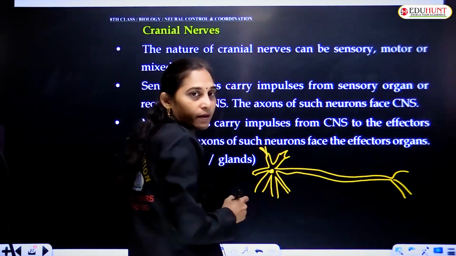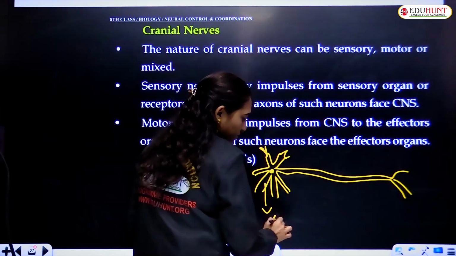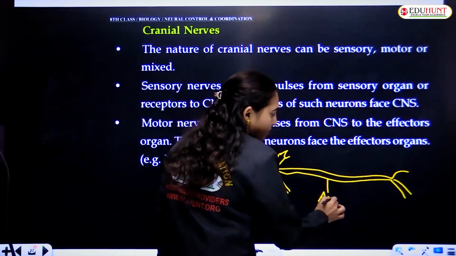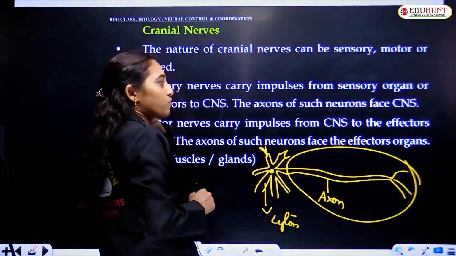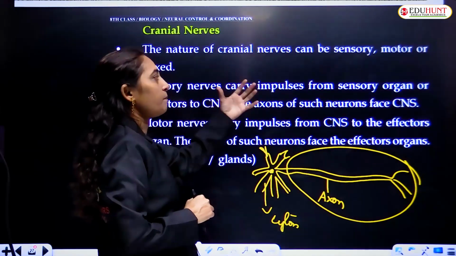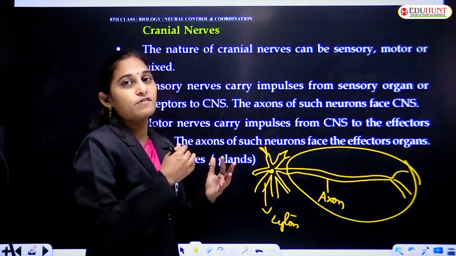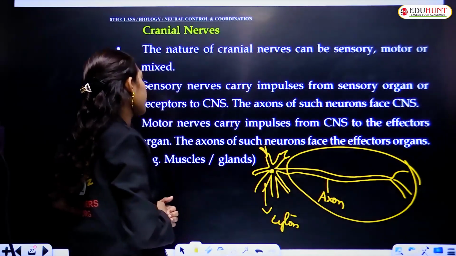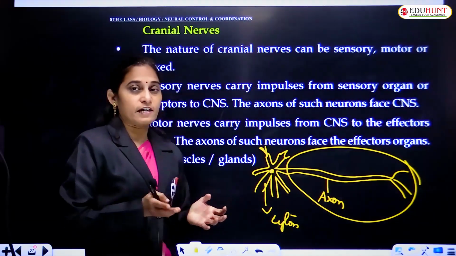This is a neuron, and this part of the neuron is called the cyton, and this is the axon. So the axons of the neurons of these sensory nerves face the central nervous system, that is brain. And in case of motor nerves, the case is reverse.